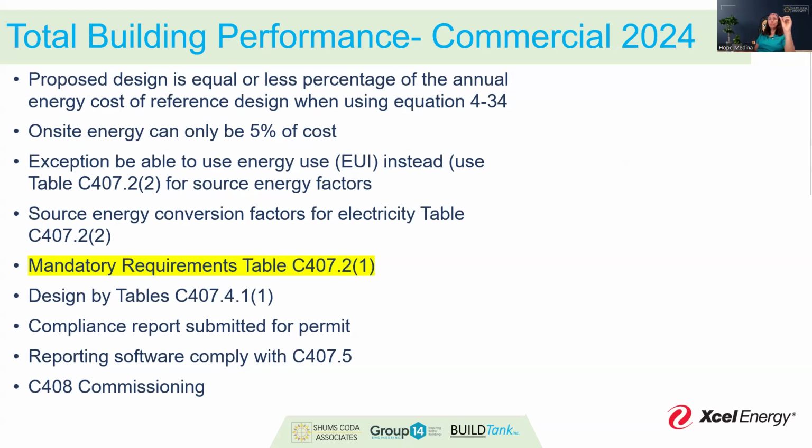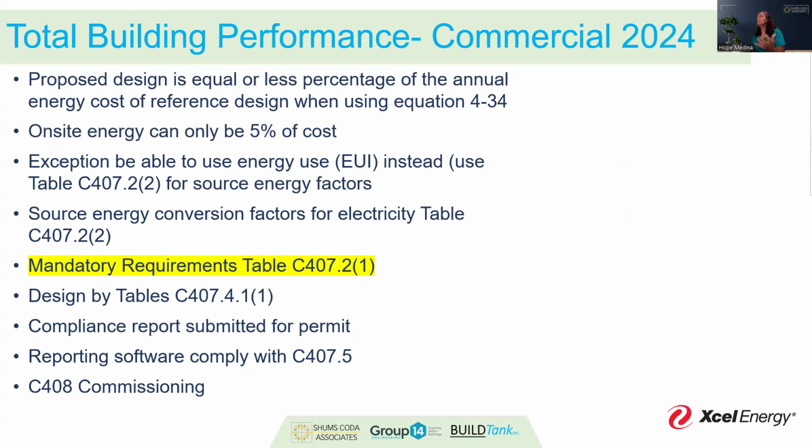Now, remember that in the 24, to determine compliance, you have two options for how you want to get there. You can utilize the annual energy cost, the option that has been near and dear to everybody's heart.